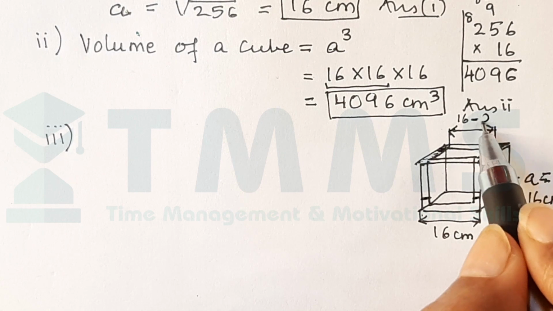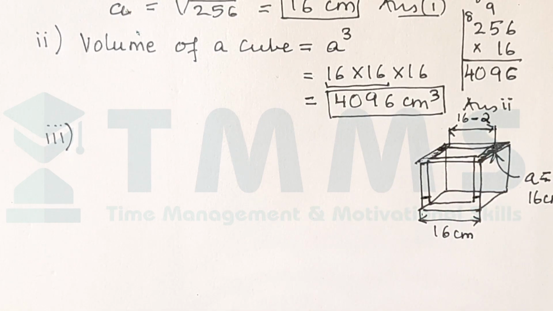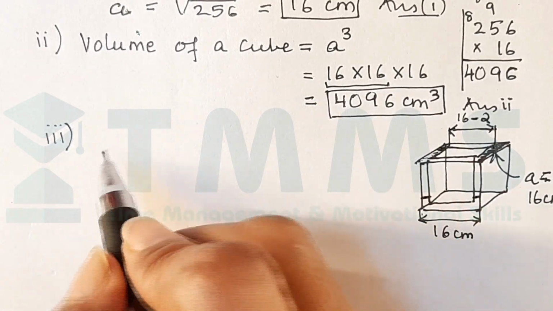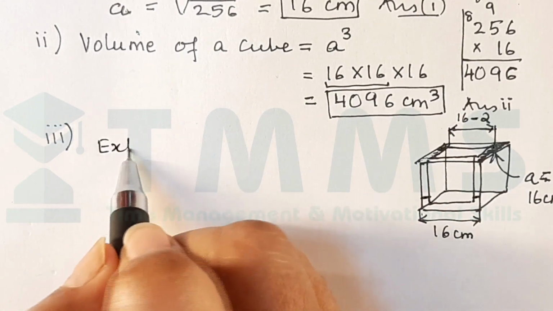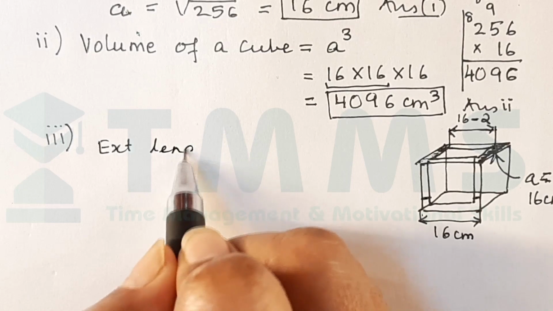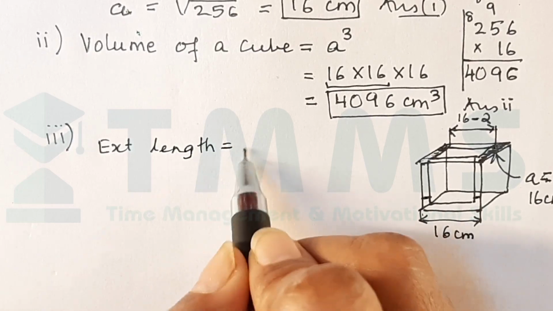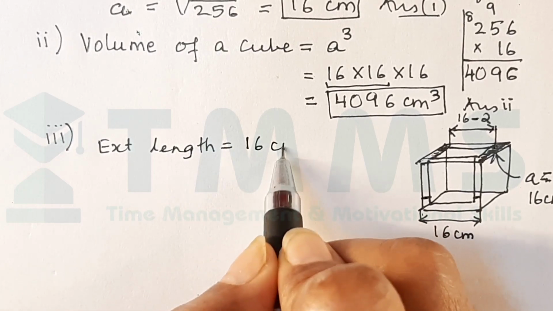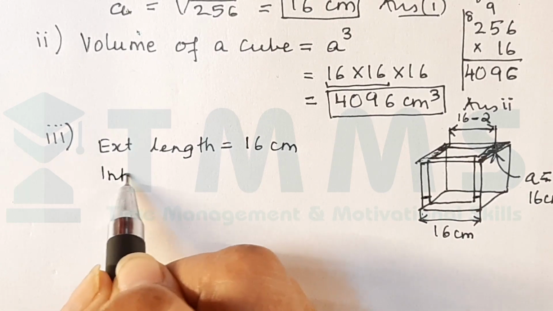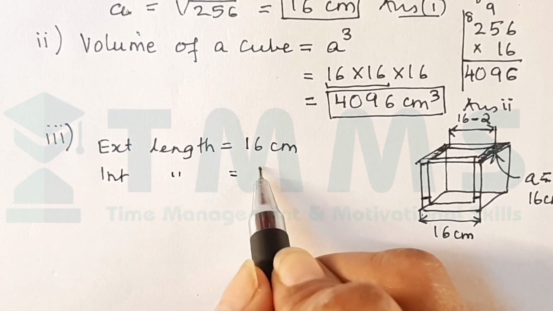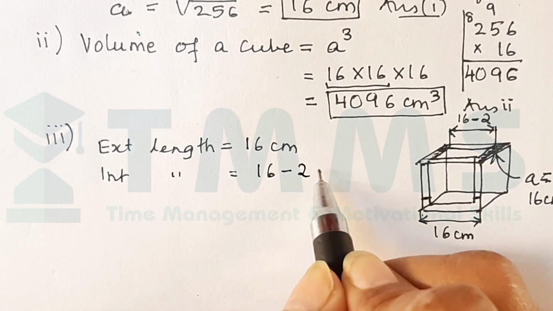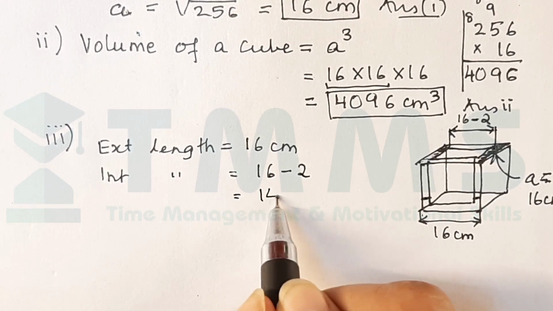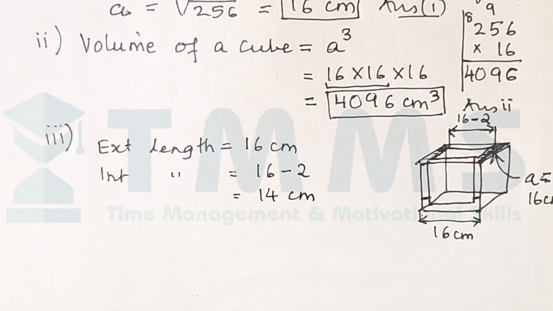So it becomes 16 minus 2. Are we understanding? So the external length of the cube is going to be 16 centimeter, but the internal length of the cube will be 16 minus 2, which is equal to 14 centimeter.